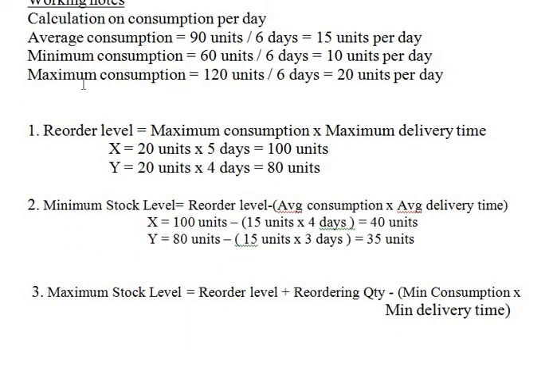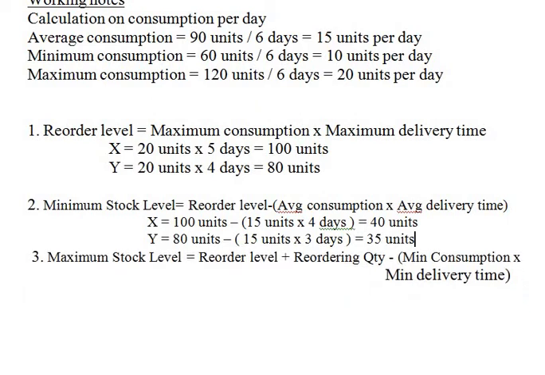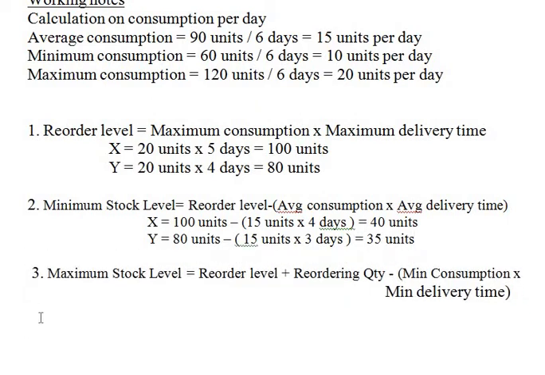Now we need to calculate maximum stock level. Write down the formula. Maximum stock level is equal to reorder level plus reordering quantity minus minimum consumption into minimum delivery time.